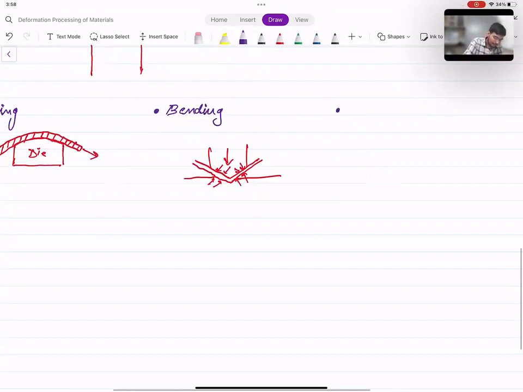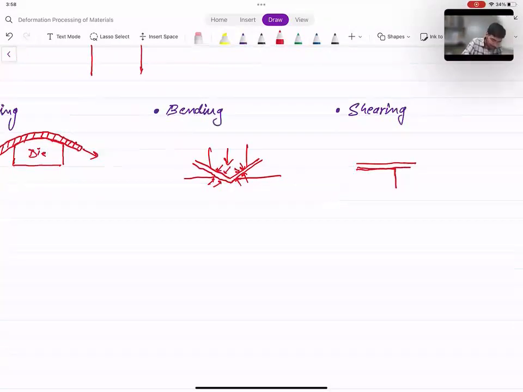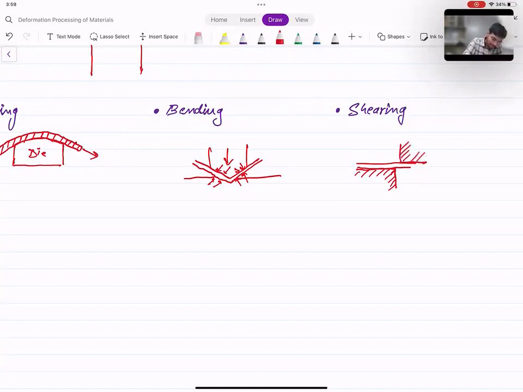Okay, so in shearing, how does it appear? Suppose this is my workpiece. It is supported onto a die like this, and another one is like this, and here the shear forces are applied which try to shear down the workpiece. This is the workpiece.